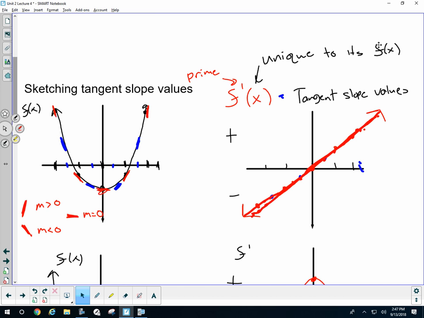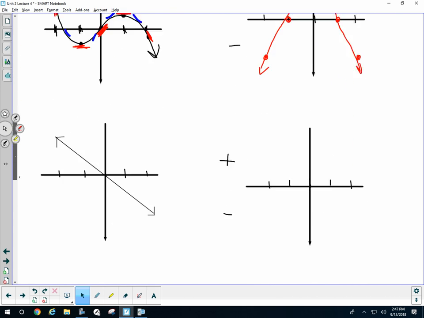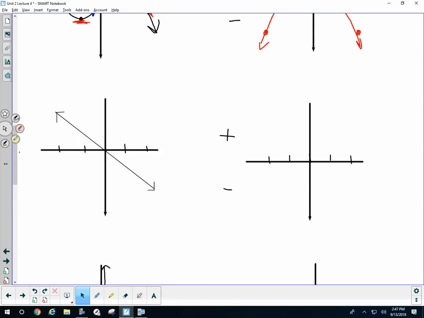We'll get there. But let's practice continuing to sketch these unique f prime graphs for this guy and the next guy, just to show you that each of these f prime tangent slope graphs is going to be different depending on the type of function that you start with. Sometimes they're interesting looking.